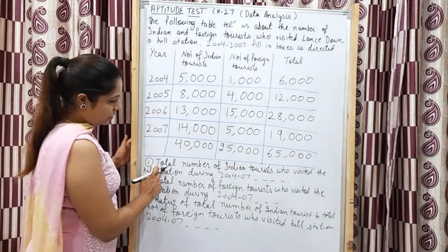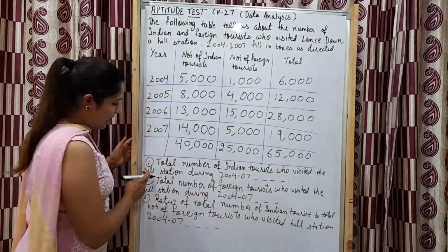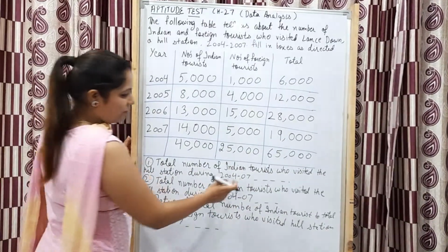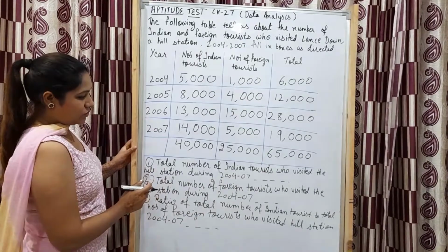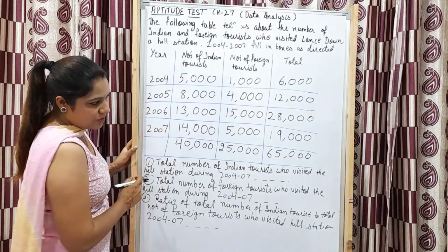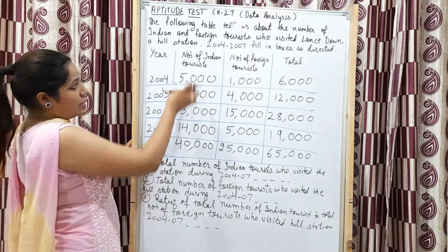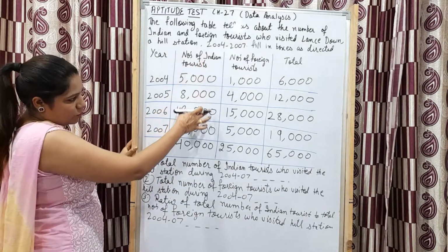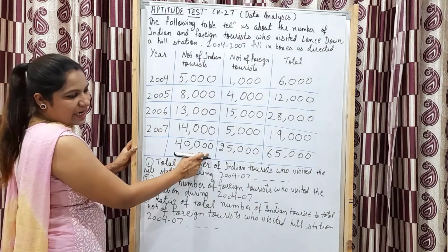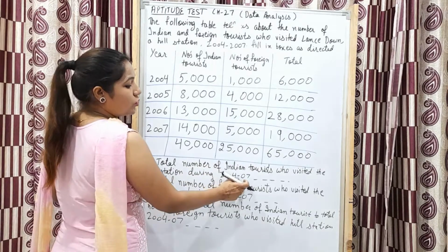Now first question: total number of Indian tourists who visited the hill station during 2004 and 7. Now we have to tell the number of Indian tourists. What is the total number of Indian tourists? That is 40,000 in 2004 to 2007.